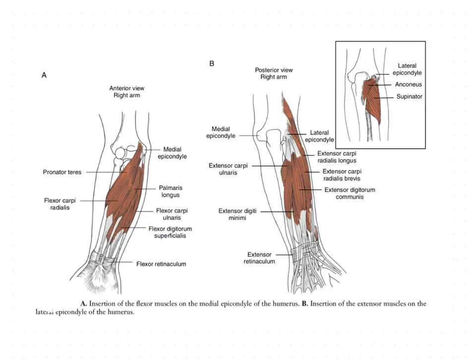So here you can see this pronator teres muscle. Here it is coming like this. So it has two heads. One is the superficial head, that is called the humeral head, and the deep head, that is called the ulnar head. Okay, the humeral head comes from the common flexor origin, that is on the medial epicondyle of the humerus.